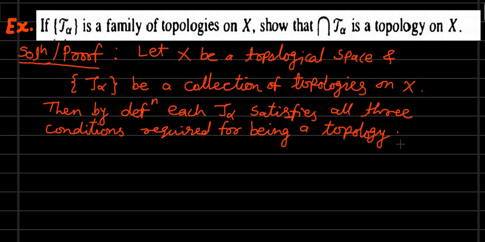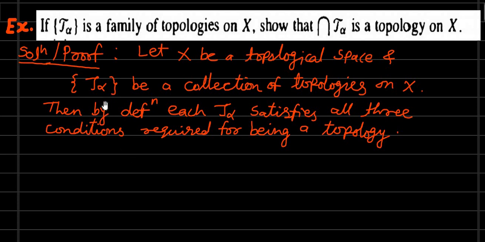The first condition was that the empty set and the complete set X should be in that collection. The second condition was that an arbitrary union of any subcollection of elements of that collection should again be an element of that collection. And the third condition was that the intersection of a finite number of members of that collection should again be a member of that collection.